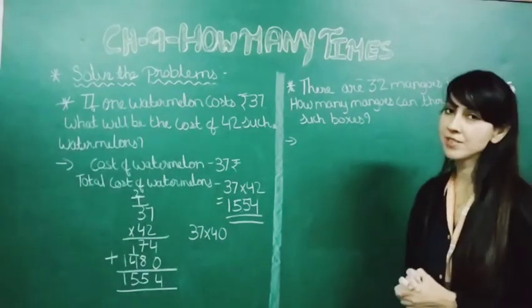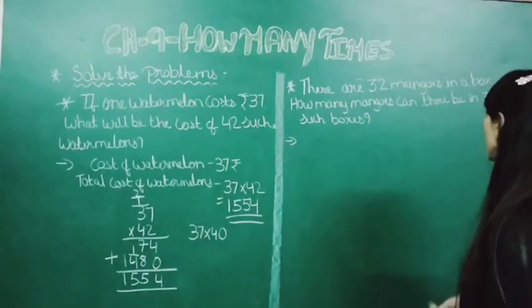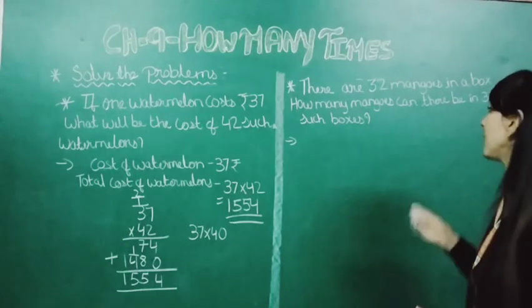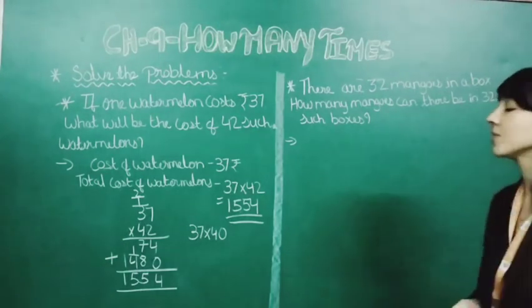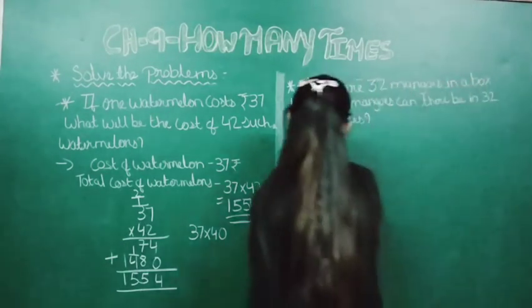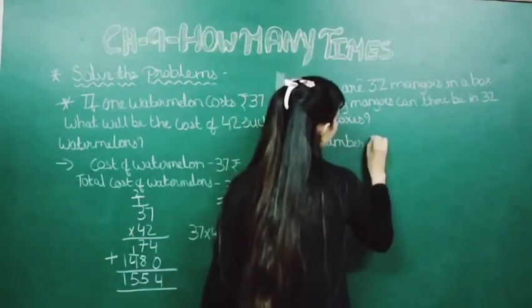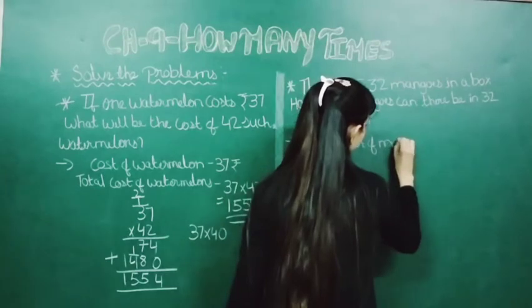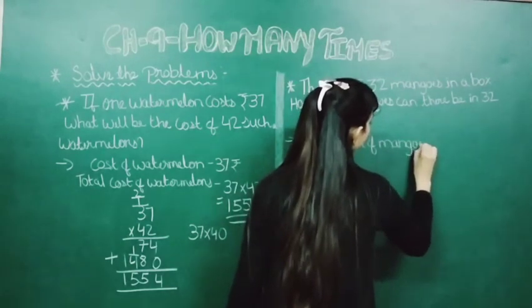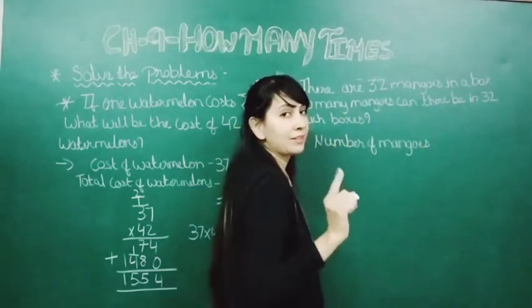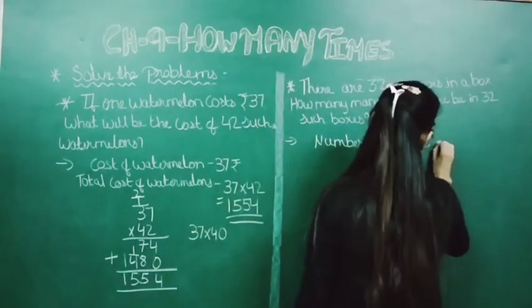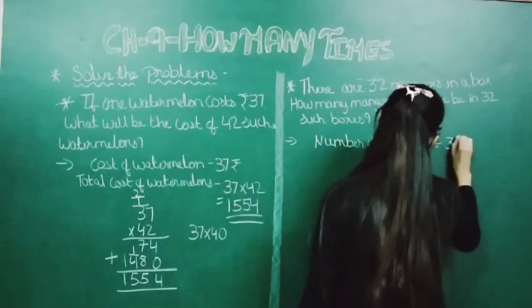Understood? Now next we will see. There are 32 mangoes in a box. How many mangoes can there be in 32 such boxes? Now number of mangoes in one box, so here we will write 32.